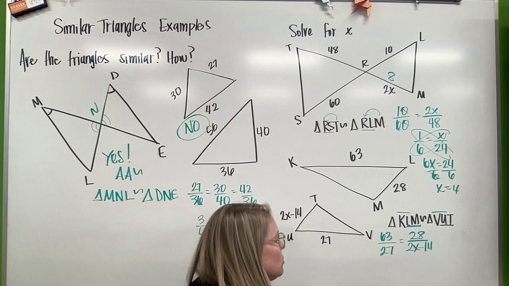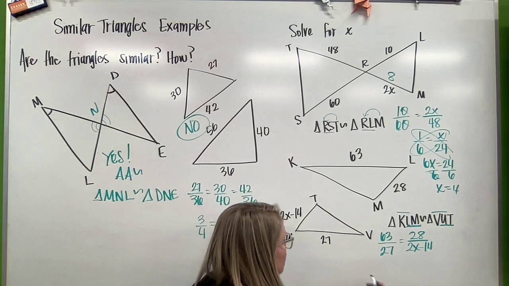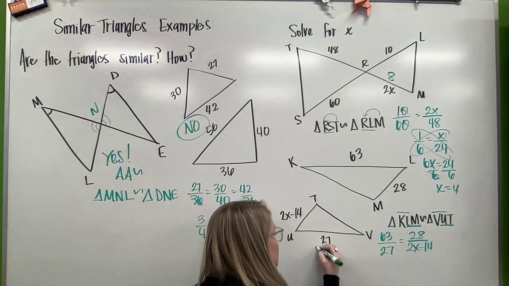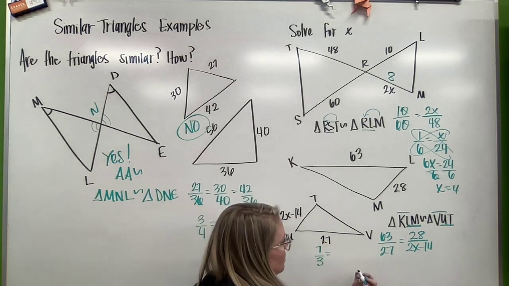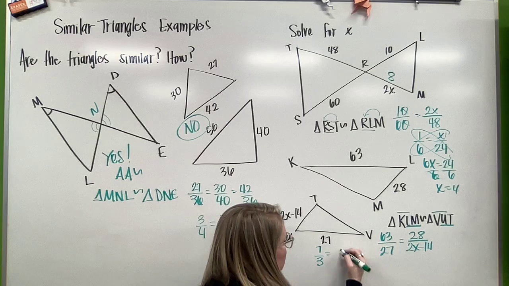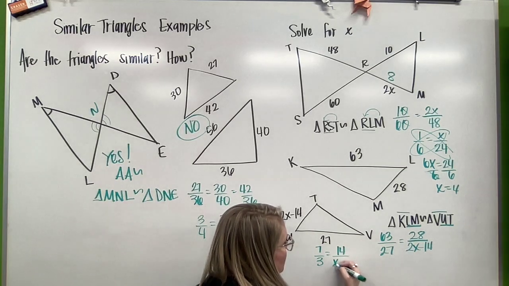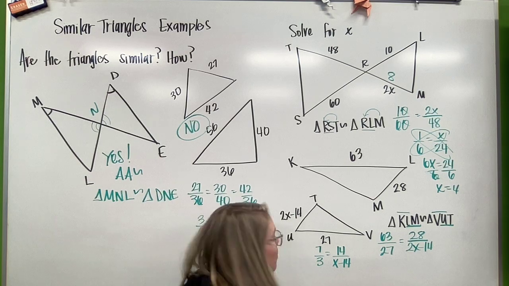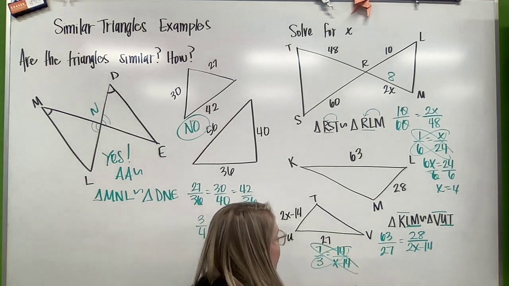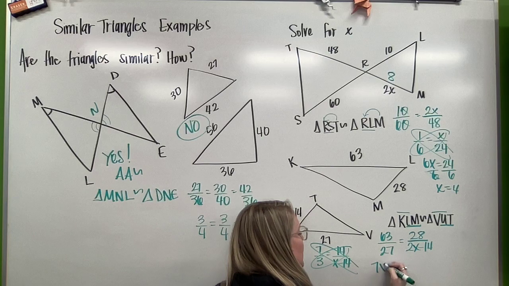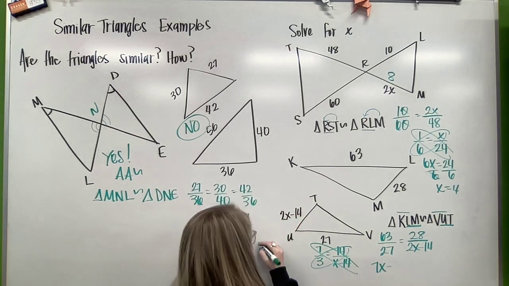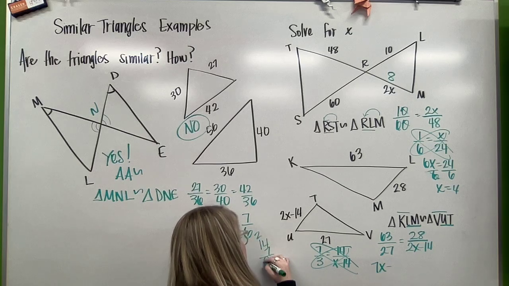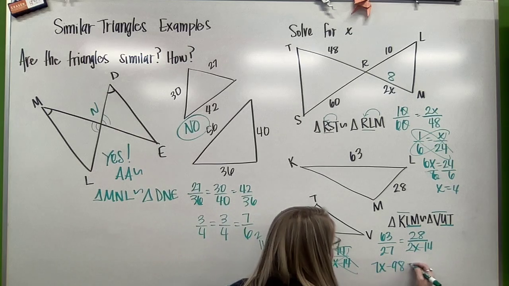I'm going to go ahead and reduce before I start solving. These are both divisible by 9, so I'm going to do 7 over 3. These are all divisible by 2, so that's going to be 14 over x minus 14. And I'm going to cross multiply and solve here. So I'm going to have 7x minus, let's see, 14 times 7, that's 98.